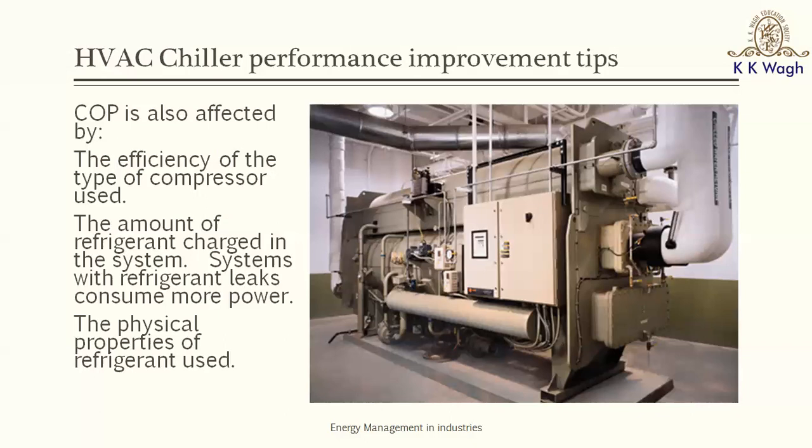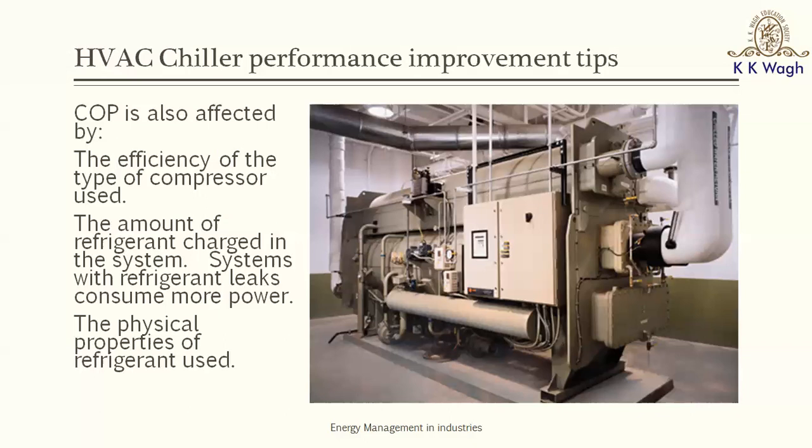The properties of the refrigerant also have a vital role to play. If you do an analysis of the refrigeration system using the pressure enthalpy diagram, and if you play with the properties of the refrigerant, you will find that the performance with different refrigerants is different. Hence, there is not a single ideal refrigerant, but different applications would require different refrigerant choices. So the choice of refrigerant is also critical in maintaining a higher coefficient of performance.